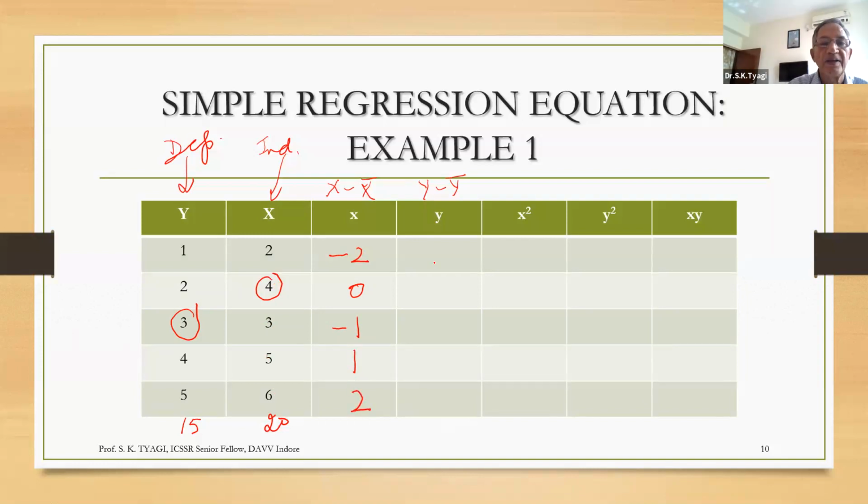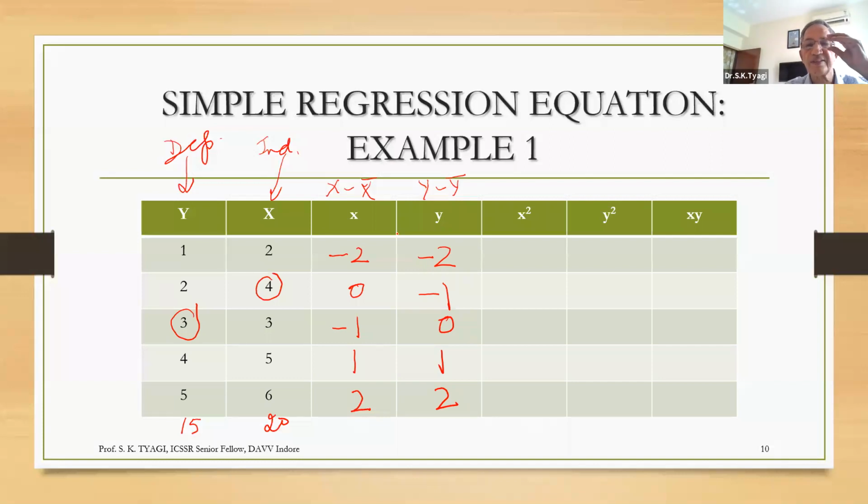Now come to y. 1 minus 3, minus 2. 2 minus 3, minus 1. 3 minus 3, 0. 4 minus 3, 1. 5 minus 3, 2.